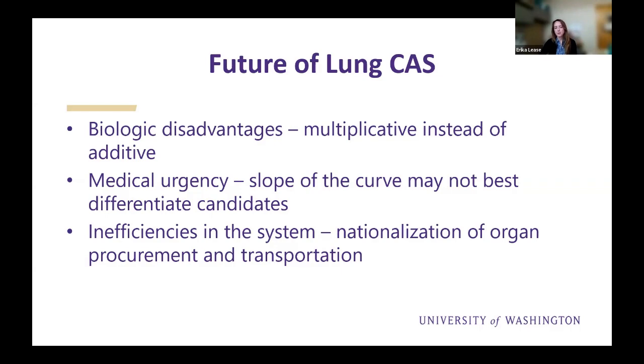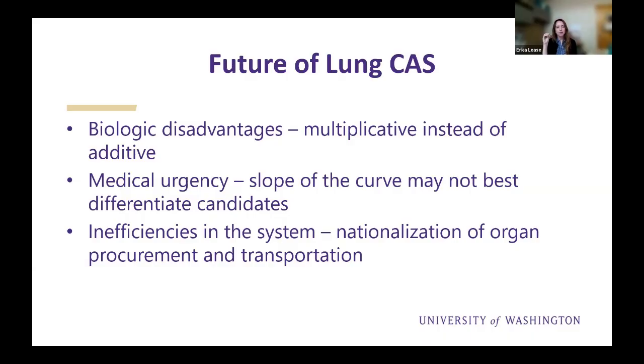Similarly, I personally think that we need to readdress medical urgency. I think the slope of the curve that we chose is a very steep curve, with the idea at the time being that as patients got more sick, we really wanted to give them a lot more points, which would then differentiate them from the remainder of the candidates.